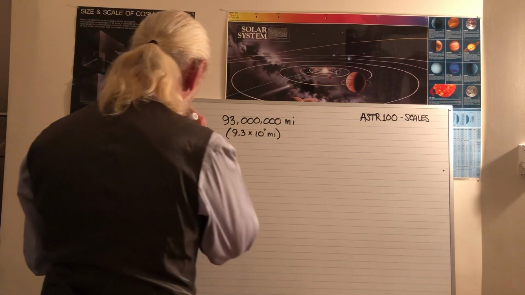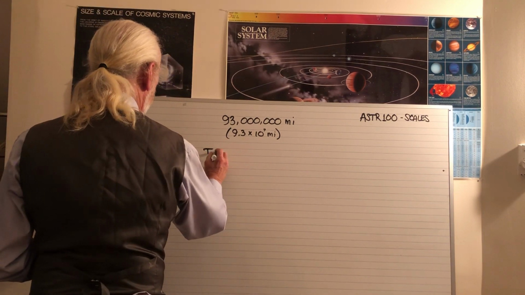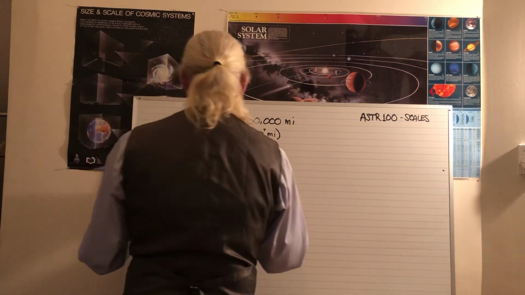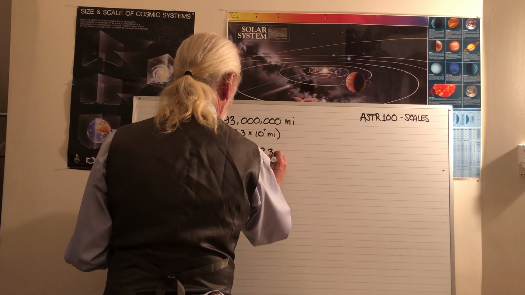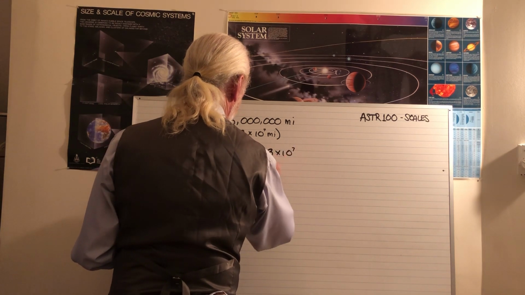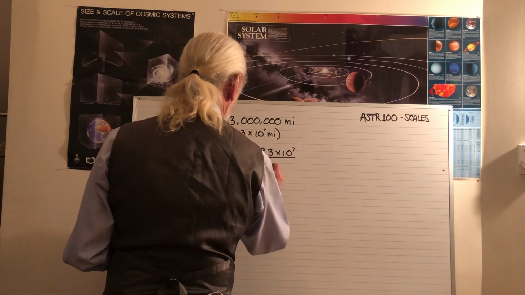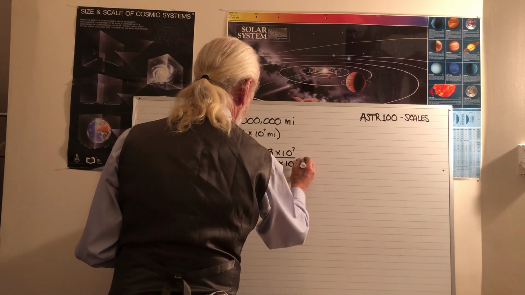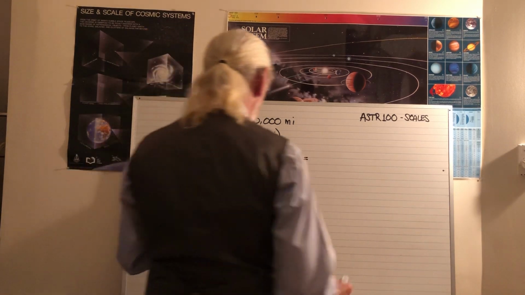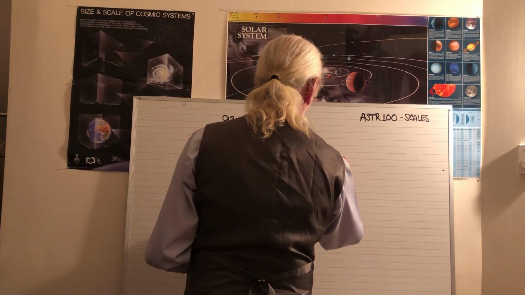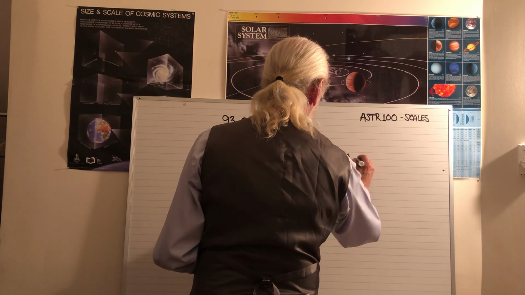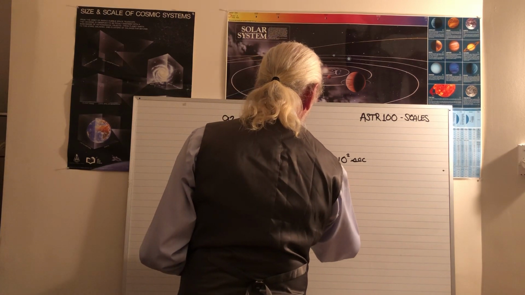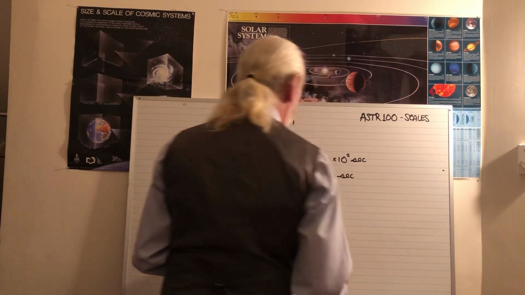So, time equals distance over rate. In this case, 9.3 times 10 to the 7th over the rate, which is 186,000, or 1.86 times 10 to the 5th. And that equals 5.0 times 10 squared seconds, which equals 500 seconds, which isn't very meaningful.